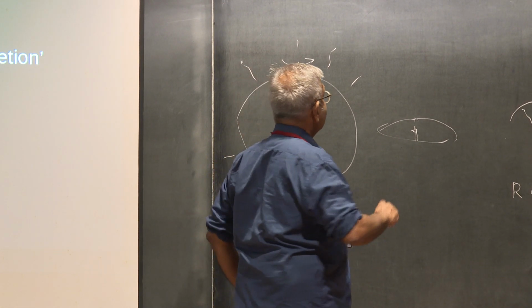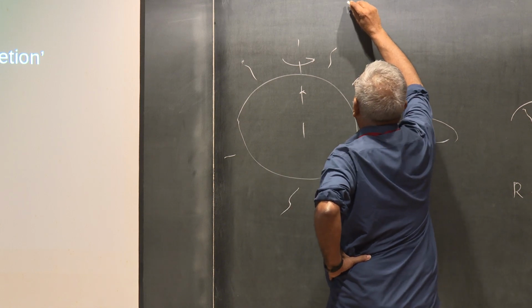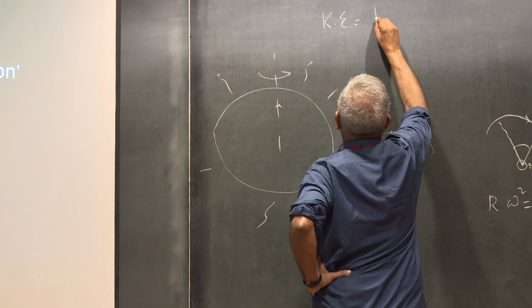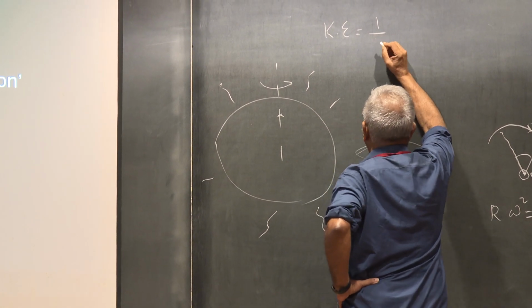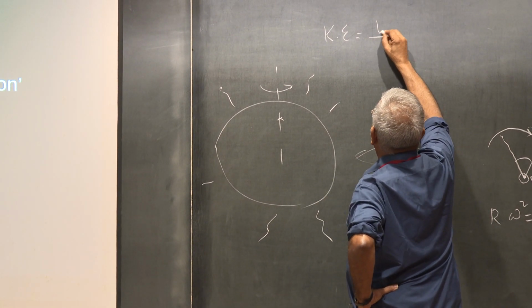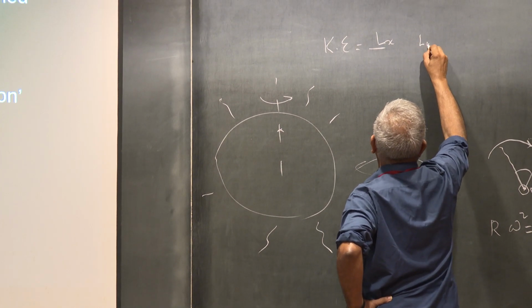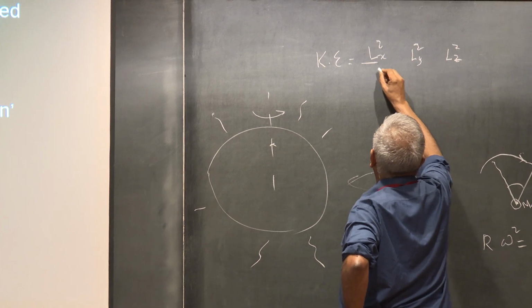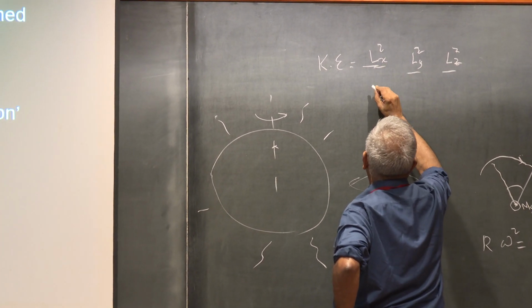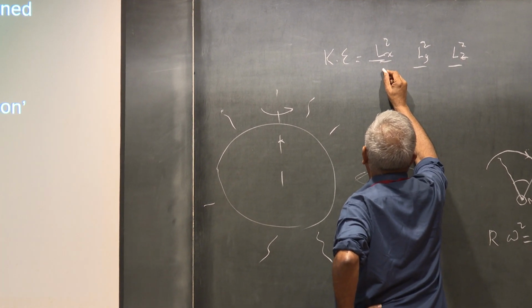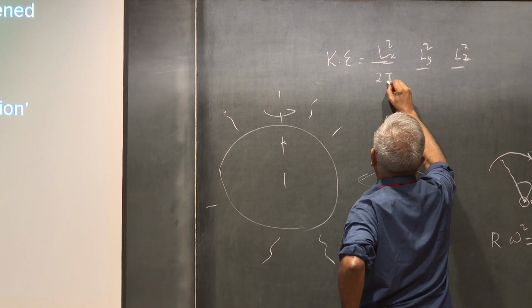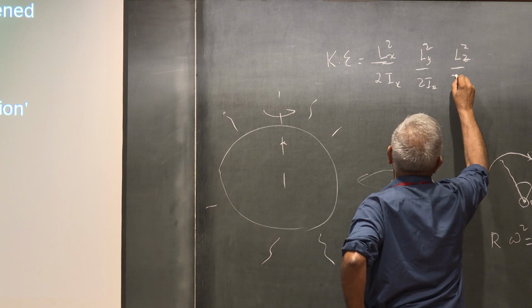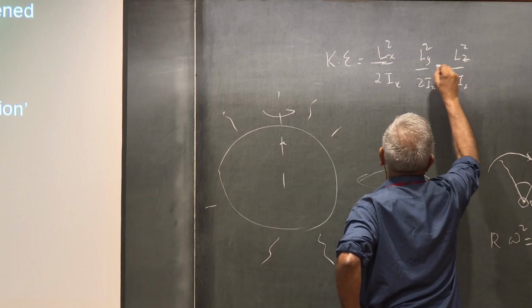If you look at the expression of a kinetic energy of a rotating body, it can be written in terms of angular velocity or in terms of angular momentum. So, if you have three axes, Lx, Ly, Lz, and you write it in terms of angular momentum, there will be some moment of inertia here, some moment of inertia here, and some moment of inertia here, right?